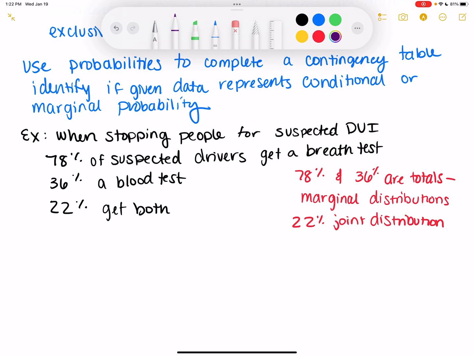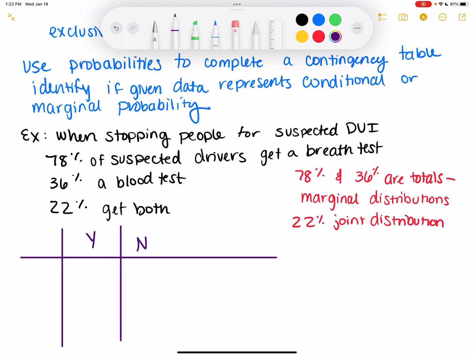All right, so we're going to set up a little table here. In these outer areas, the top little corner that's got nothing in it is going to continue to have nothing in it. Y is going to represent yes. N is going to represent no. And then out here we're going to have the total.